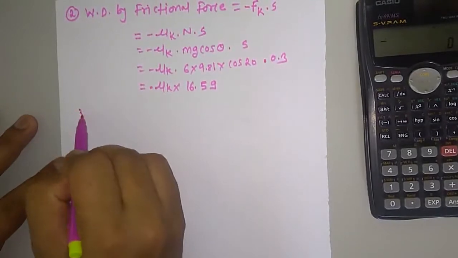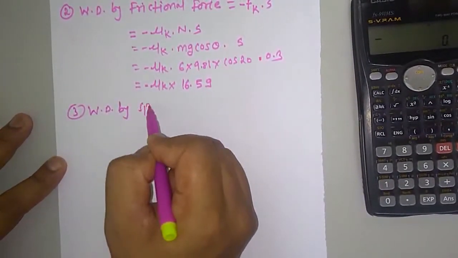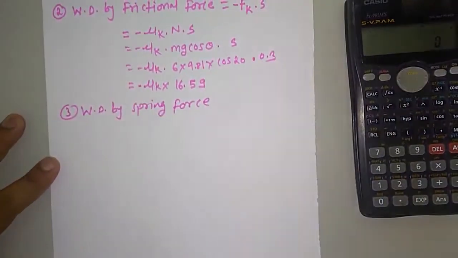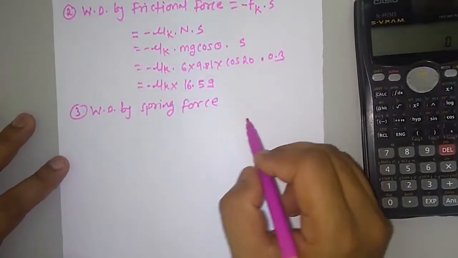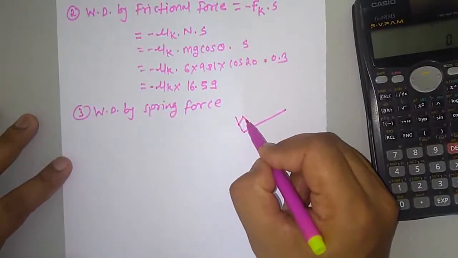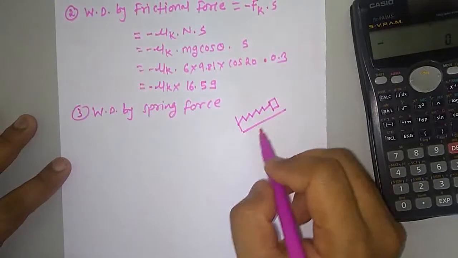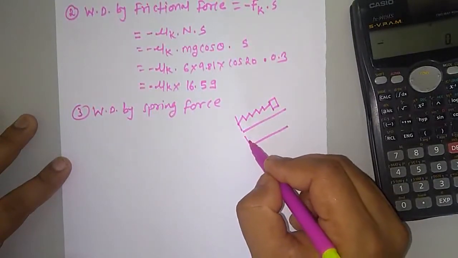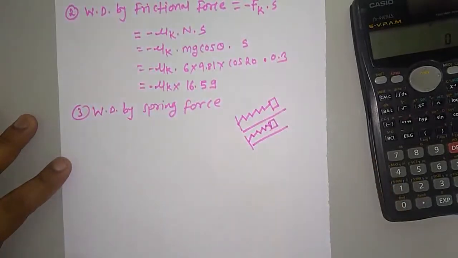Now the third force, that is spring force. Work done by spring force. Now the earlier position of the spring, suppose this was the earlier position, and due to the compression, suppose this is the final position.